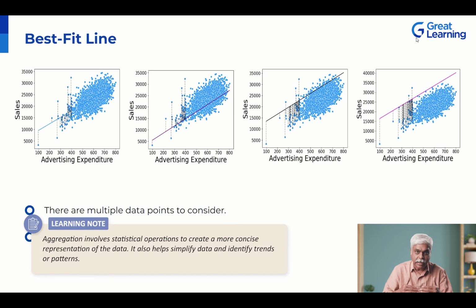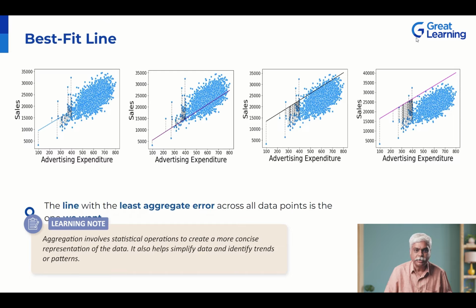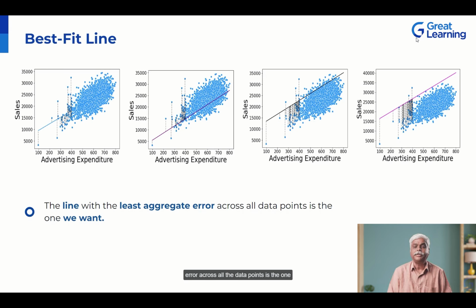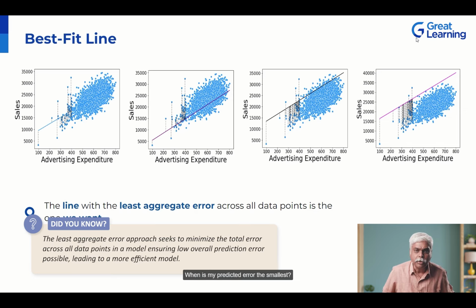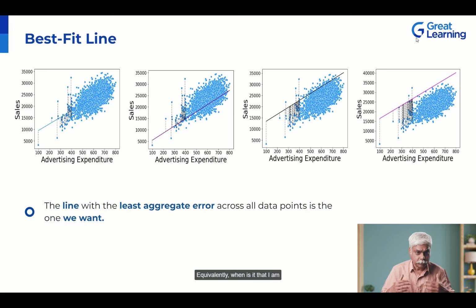So we have to look at this error, we have to make the error small, and we have to aggregate the error over all the data points. The line with the least aggregate error across all the data points is the one that we want. Least aggregate error. But we haven't told you how to aggregate yet, what to take the least of. So now we need to quantify this statement of the least aggregate error. Over all the points, when is my prediction error the smallest?